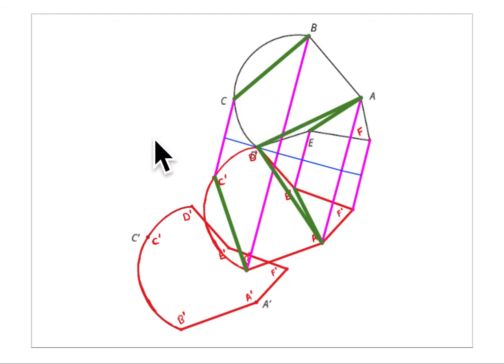So everything corresponds, everything is congruent, and you can see from this line of reflection, every single point, you can move in a perpendicular direction, an equal distance on the other side of the line of reflection, and it will match up, regardless of where it is, in the middle of the figure or on the perimeter, curve or straight lines.